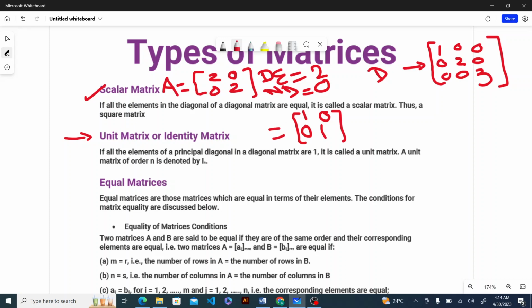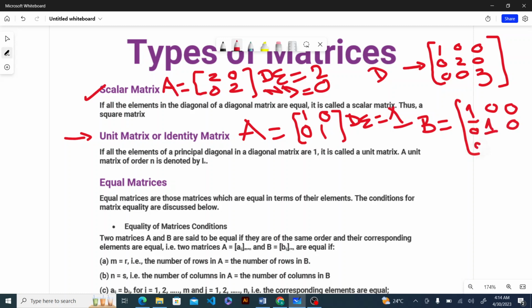Okay, it is a matrix of 2 by 2 which has first element and the last element 1 1, means both the diagonal elements are equal and 1. So it makes unit matrix or identity matrix. The other example for identity matrix will be this one: 1 0 0, 0 1 0, 0 0 1.